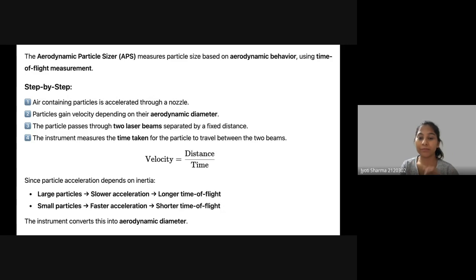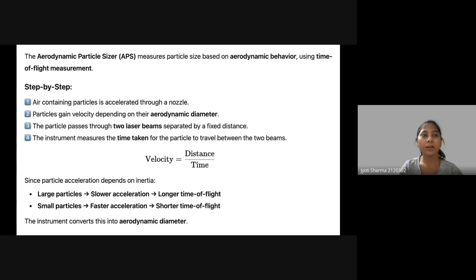So for example, if we have a large particle, there will be slower acceleration, and slower acceleration means there will be longer time of flight. If we have a smaller particle, we have faster acceleration, and we will have short time of flight. And based on this, we can talk about the particle size.